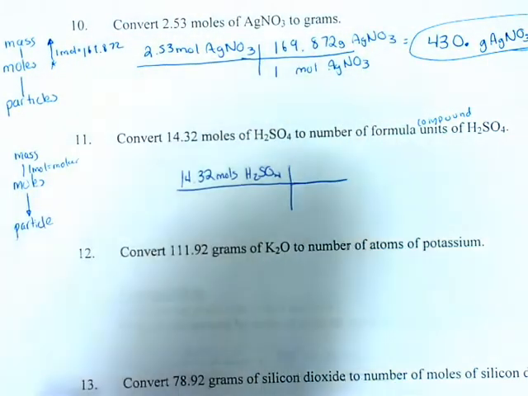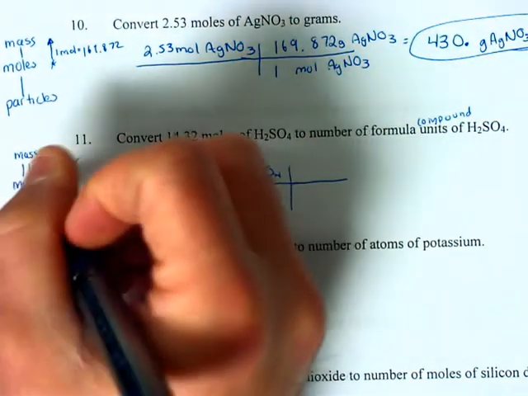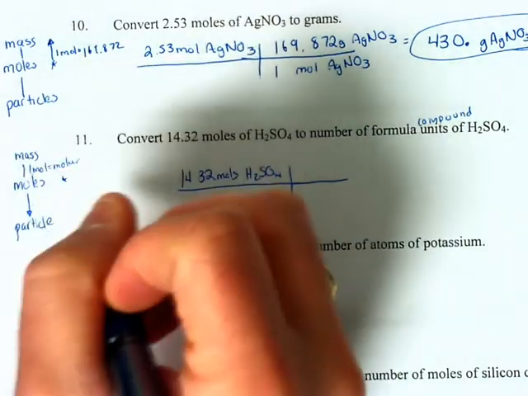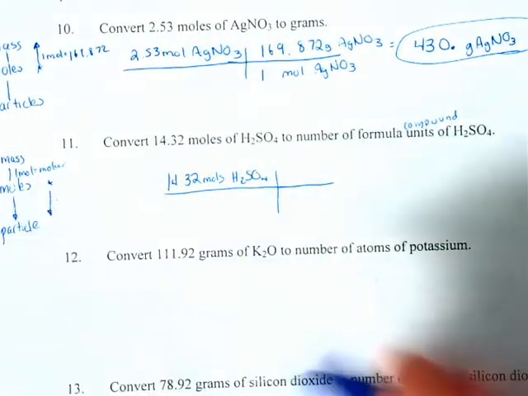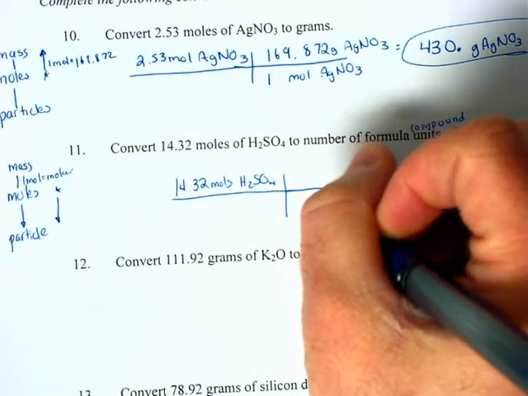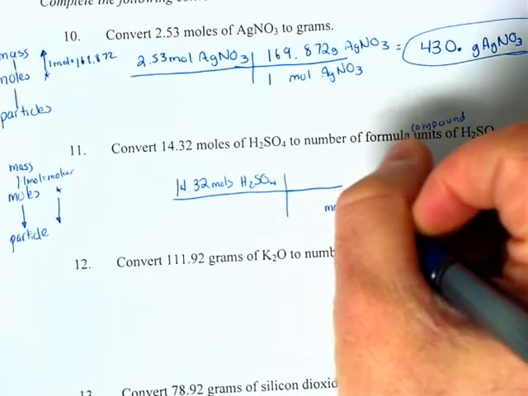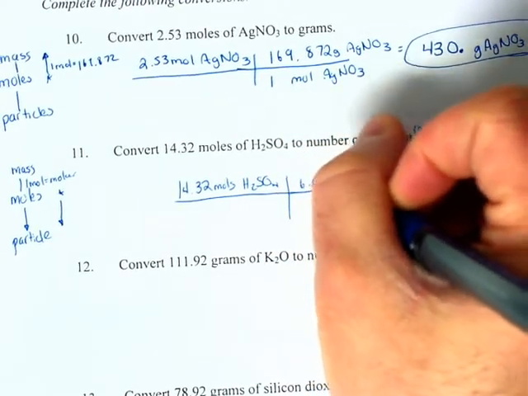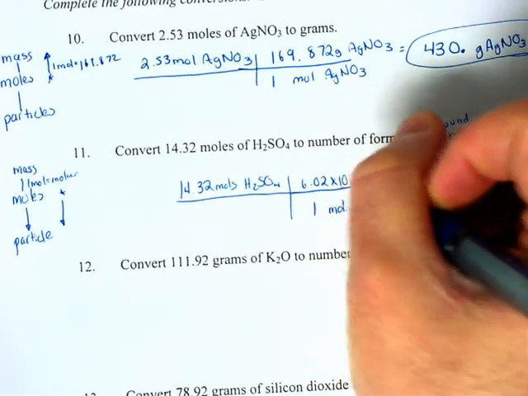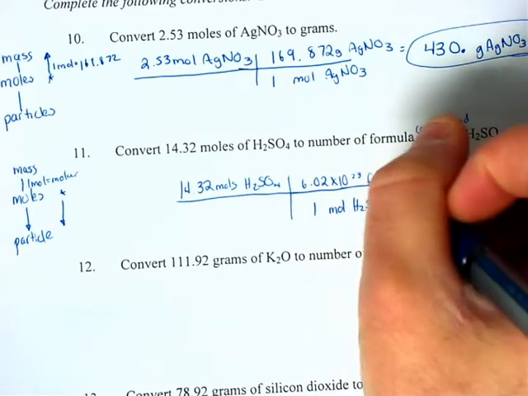Where are we starting at in this question? Moles? Where are we going to? Particles or mass? So do you even need to find the molar mass? No. What unit's got to go down here? Perfect, of H2SO4. 1 mole of it, 6.02 times 10 to the 23rd particles, which would also include a formula unit, on top.